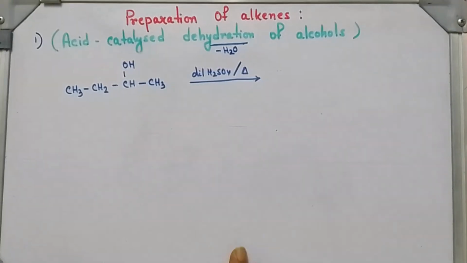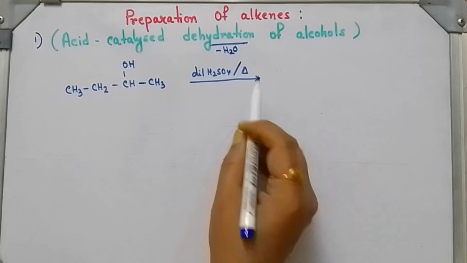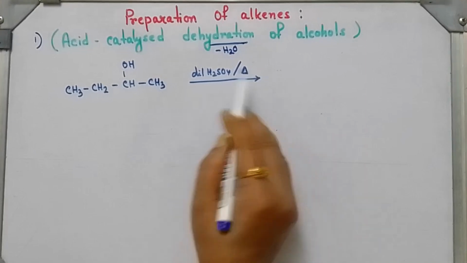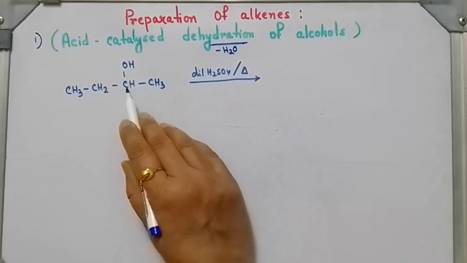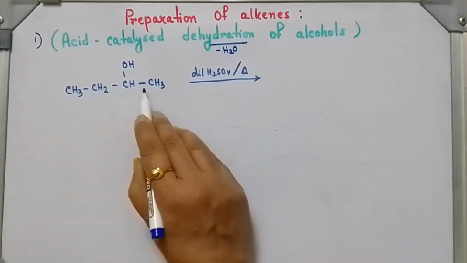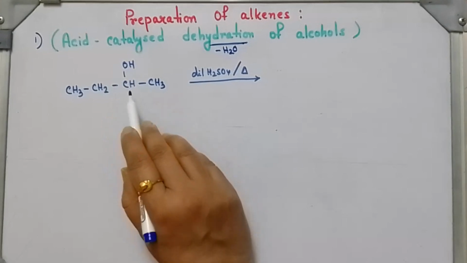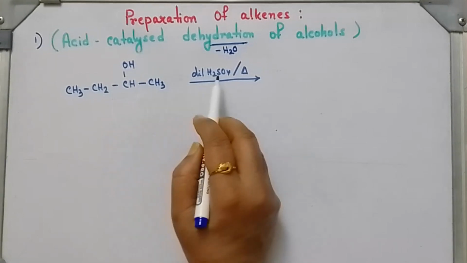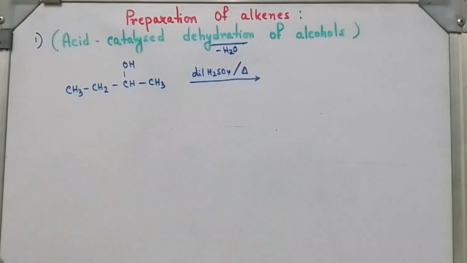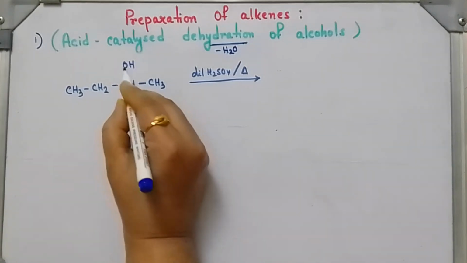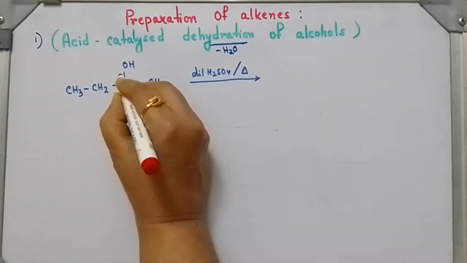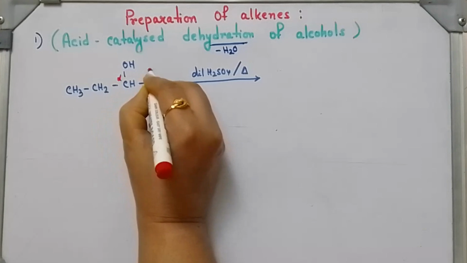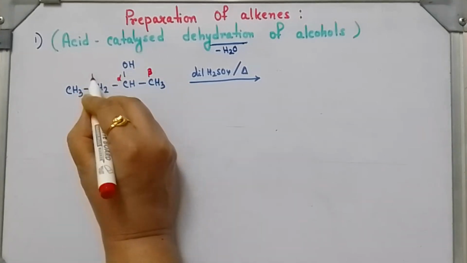Now remember, since this is an elimination reaction, heating is required. This is a secondary alcohol, because this carbon where the OH group is attached has two more carbon atoms attached, so on the arrow you can write dilute sulfuric acid. With respect to this OH, this carbon is alpha and the next carbon is beta. Here also this carbon is beta.